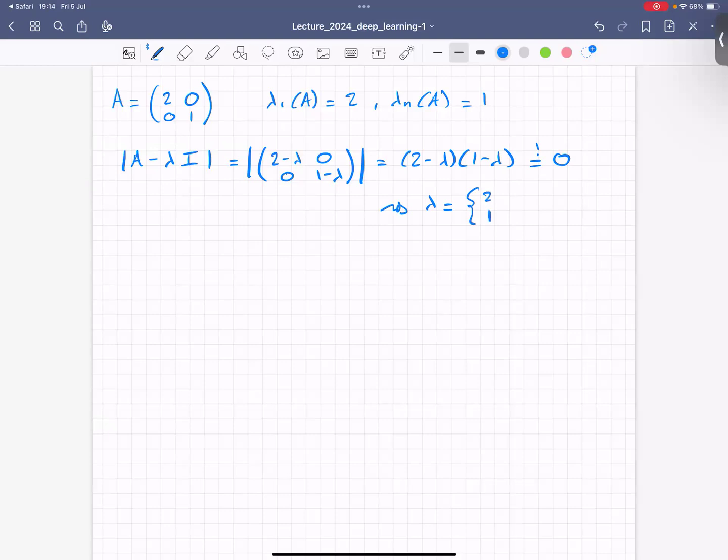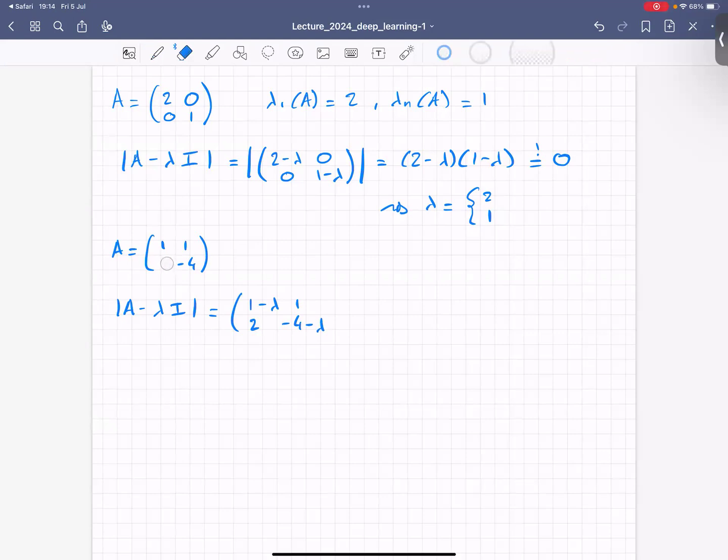Okay, so here it was fairly easy. Let's do another example, which is a little bit more complicated. So let's take a matrix A with entries 1, 1, 2, minus 4. So we have to repeat the same, right? So we want a determinant of A minus lambda I. This is equal to 1 minus lambda, 1, 2, minus 4, minus lambda.